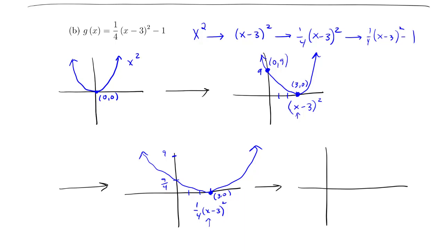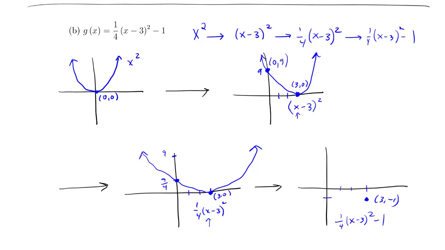So in this final one here, the 1/4 x minus 3 squared minus 1, just takes the previous one and does a minus 1, so it drops it down 1. So this point that was at 3, 0 is now at 3, -1. And this point that was at 9/4 before got dropped down by 1. So drop down 9/4, take away 1 is taking away 4/4.